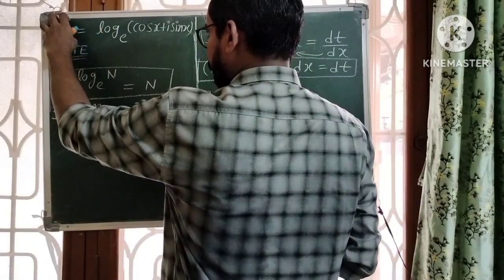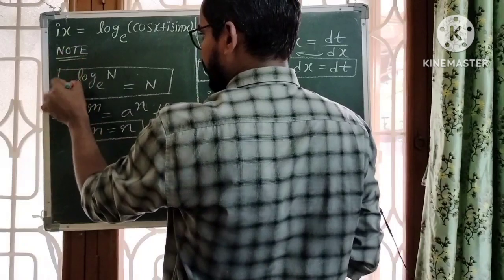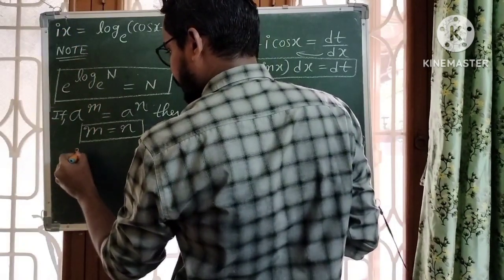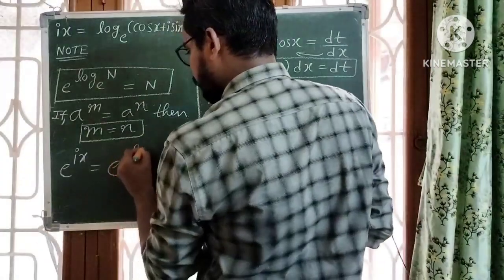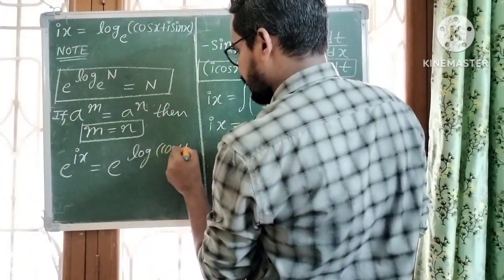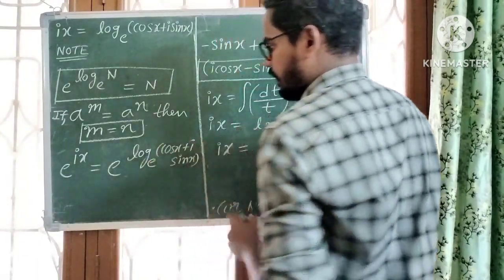Let us assume this is m and this is n. So let us consider the common base e. It can be written as e power ix is equal to e power log of cos x plus i sin x to the base e.